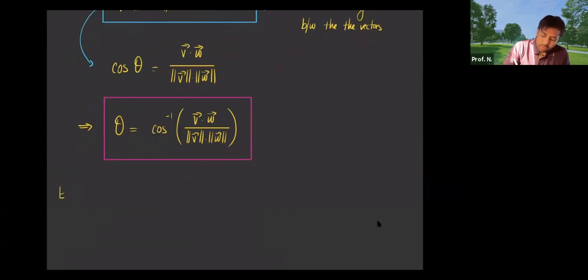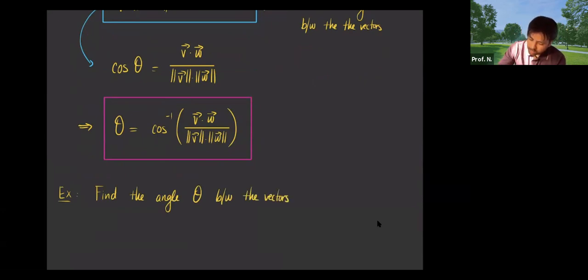So let's find it. Find the angle theta between the vectors.